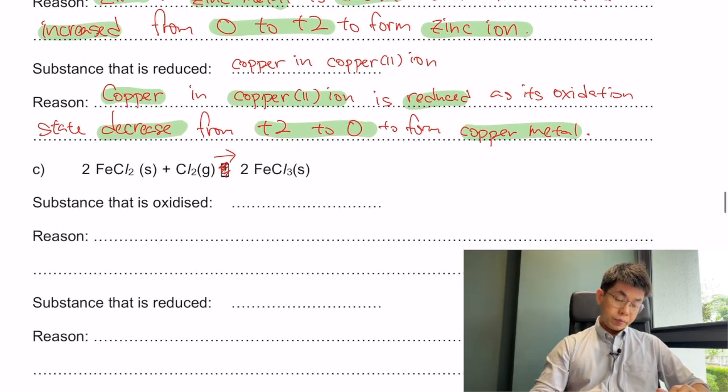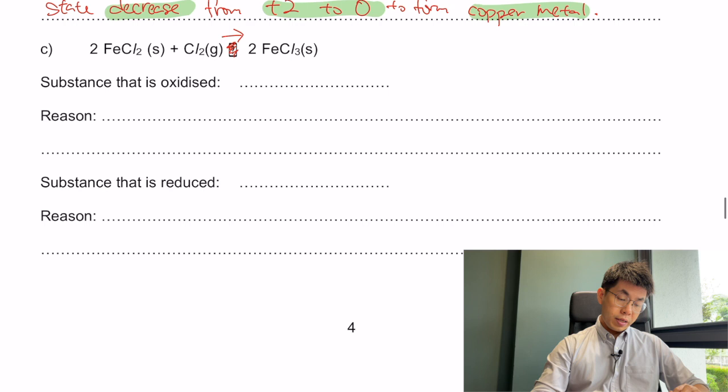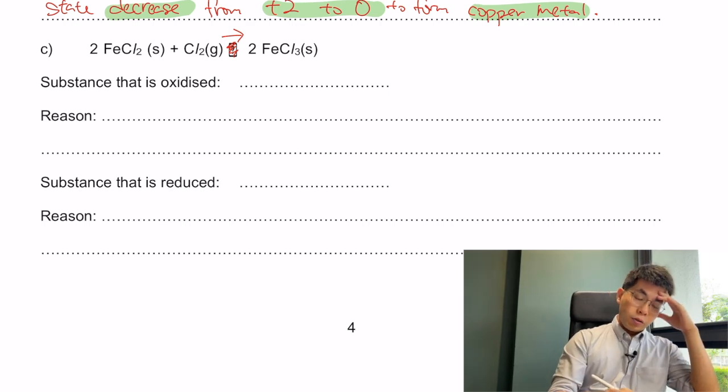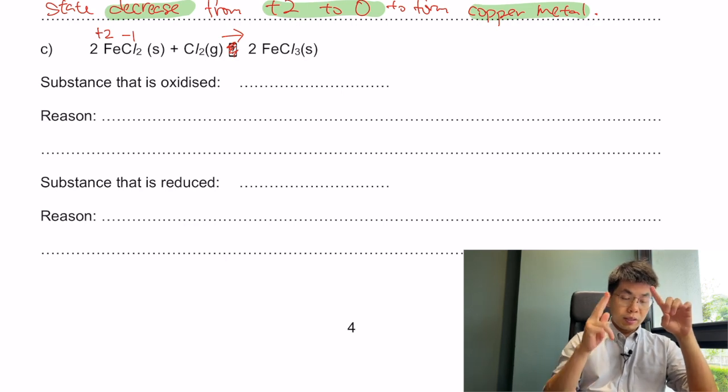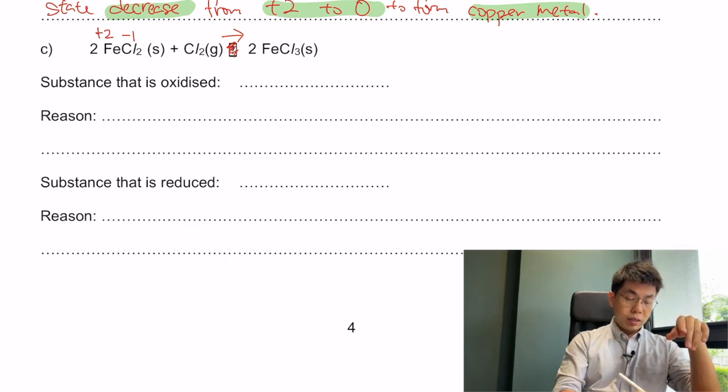So let's say part C. We've got FeCl2 plus Cl2 gives FeCl3. We can tell that this Fe is +2 because there are 2 Cl minus, each one is -1. Cl here is -1, there are 2 of them, so it's -2, and therefore the Fe is +2. Next one, chlorine is an element, so it is 0.